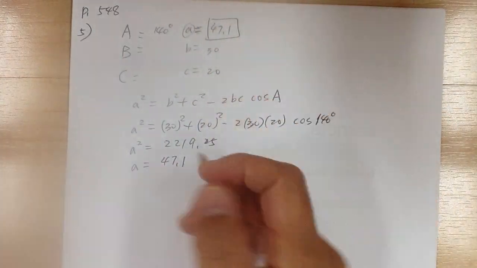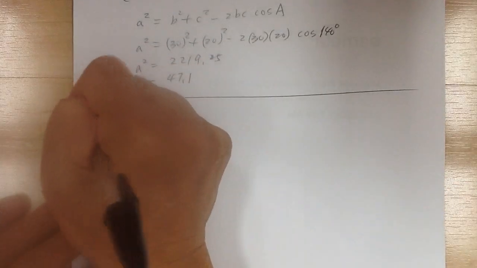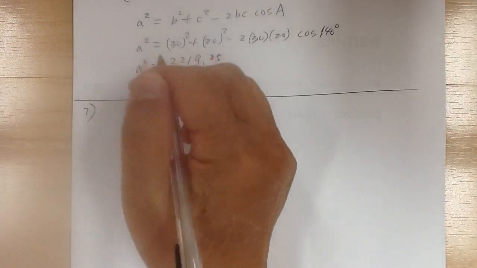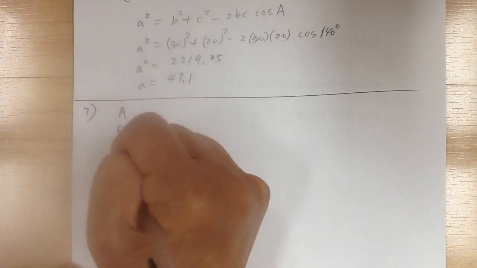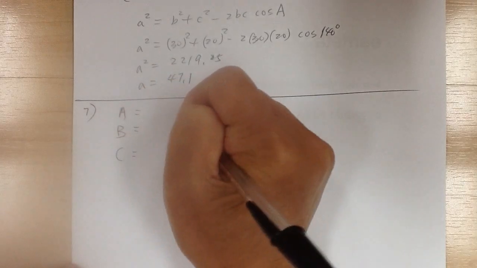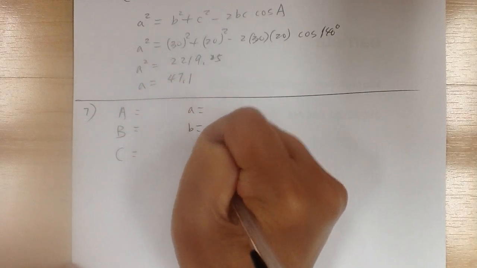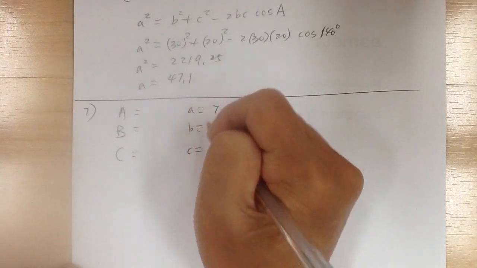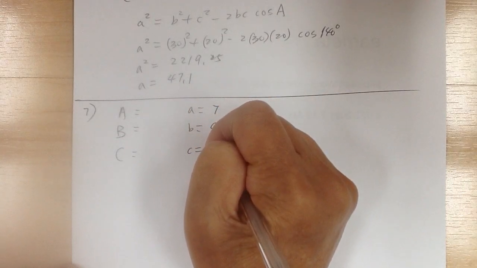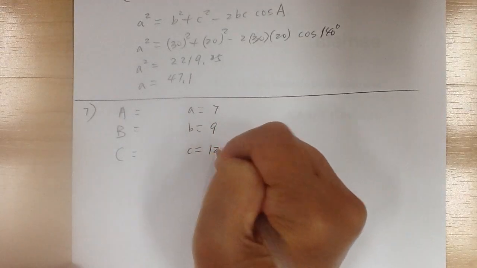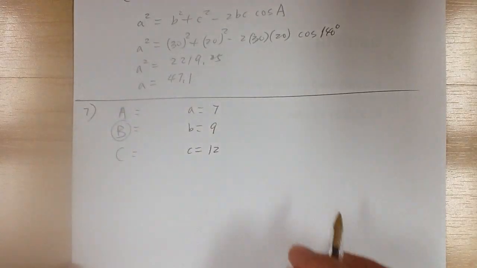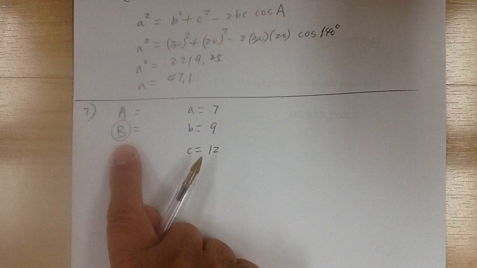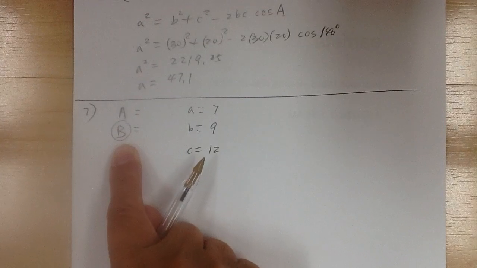Okay, number 7. So A, B, C: A equals 7, B equals 9, and C equals 12, and you're looking for angle B. Since you're looking for angle B, you have to use the B formula.